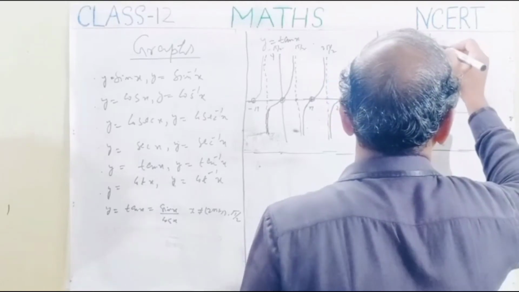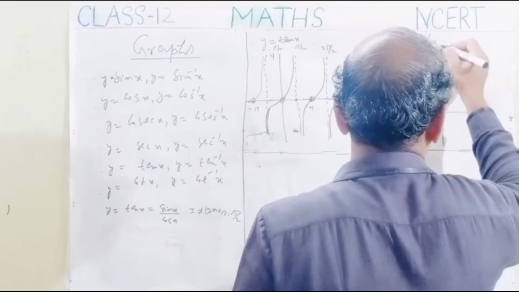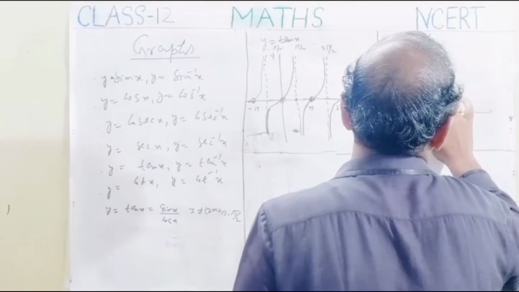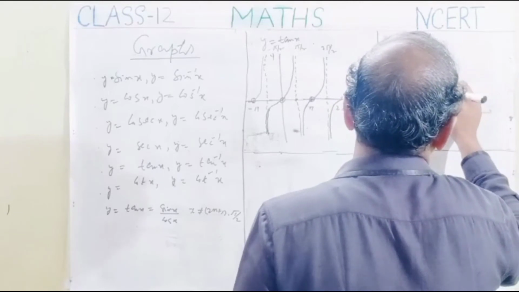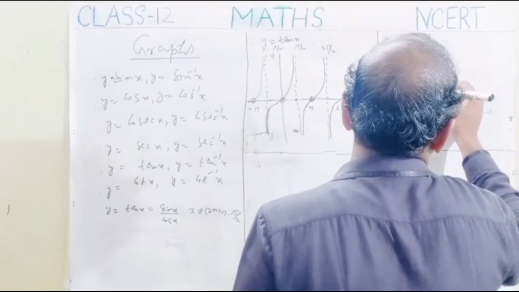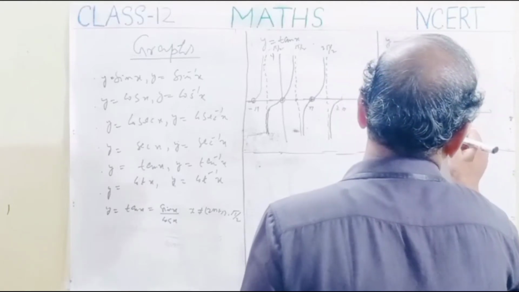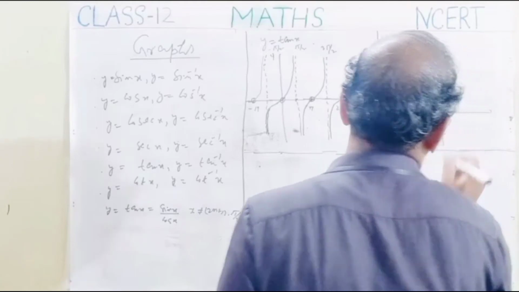Sorry, this is pi, and here let's suppose 2 pi, and at this point it is your minus pi.